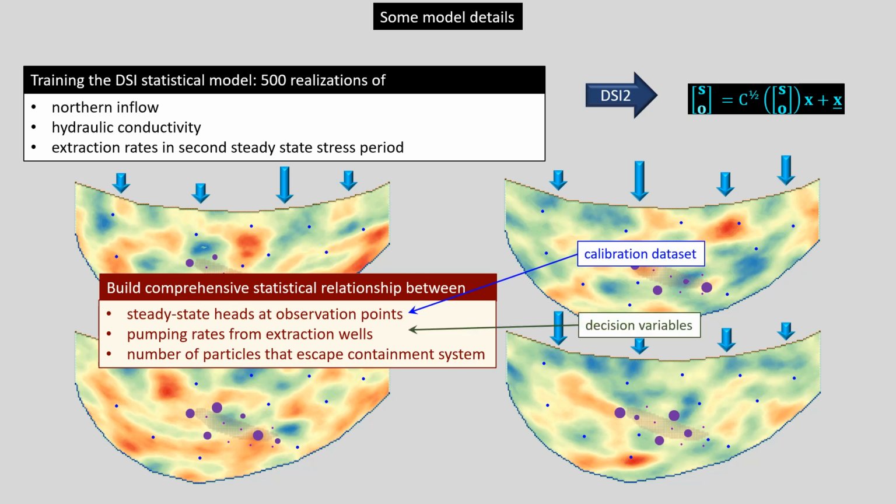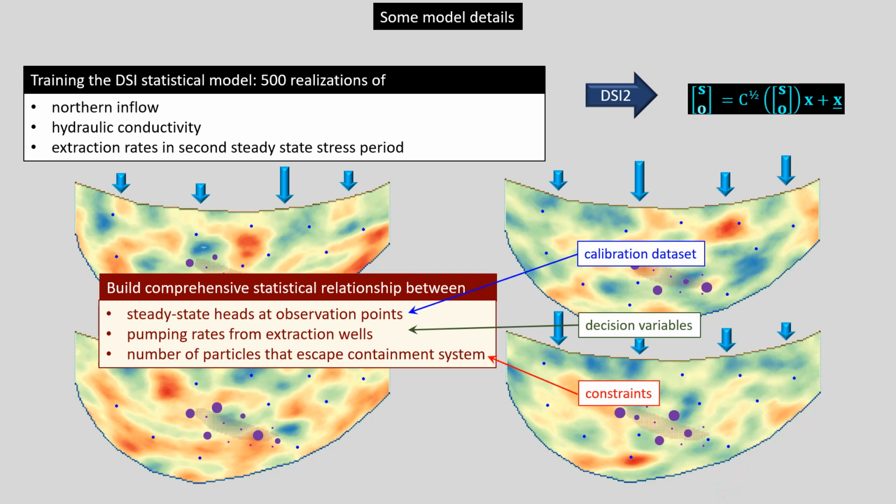Pumping rates from extraction wells, these are the decision variables, which random realizations are supplied in building this statistical model, and I'm building statistical relationships between all these quantities. And of course, the number of particles that emerge from the contaminated area that emerge at the river.